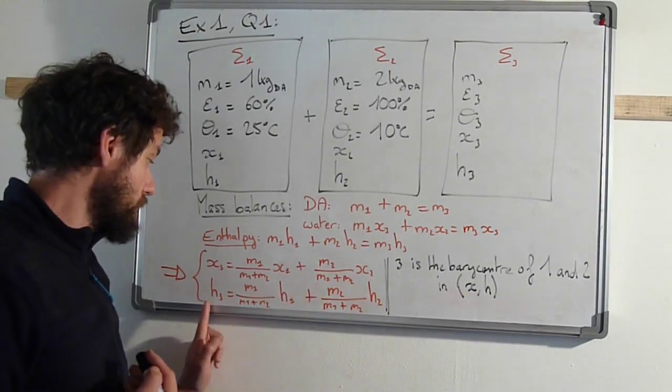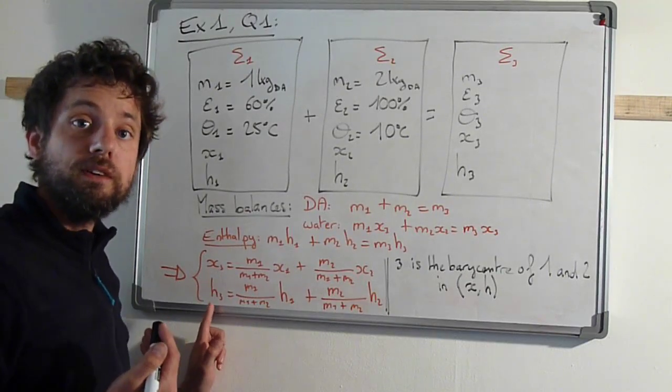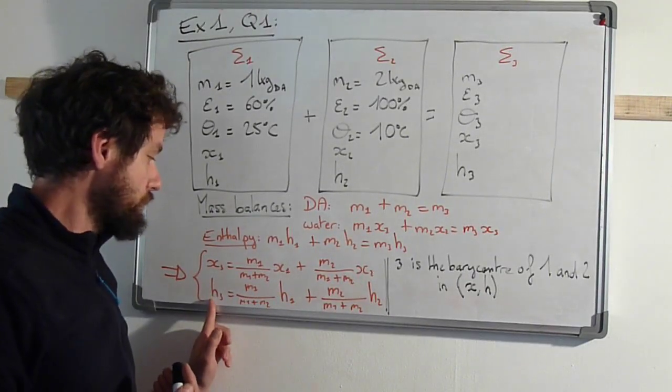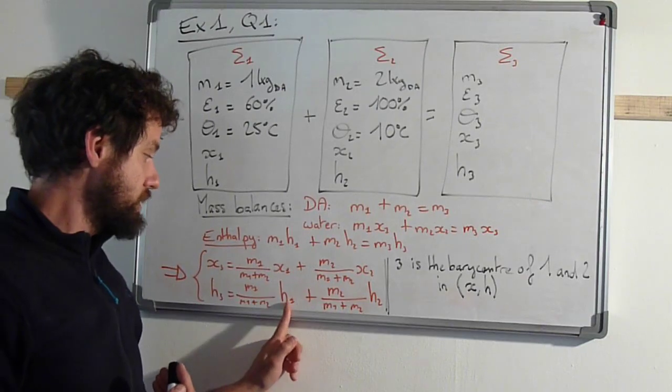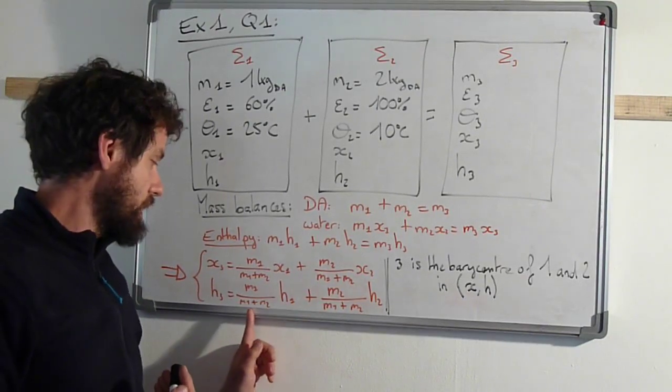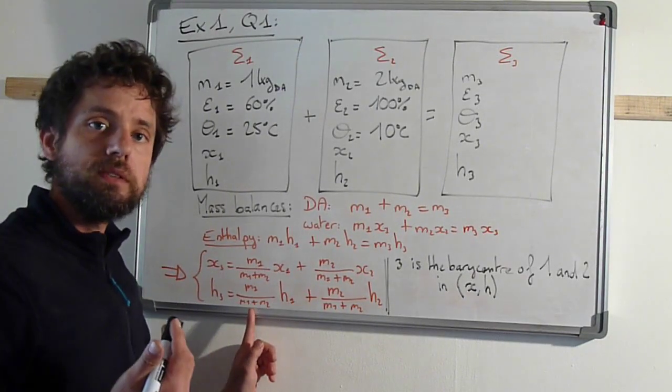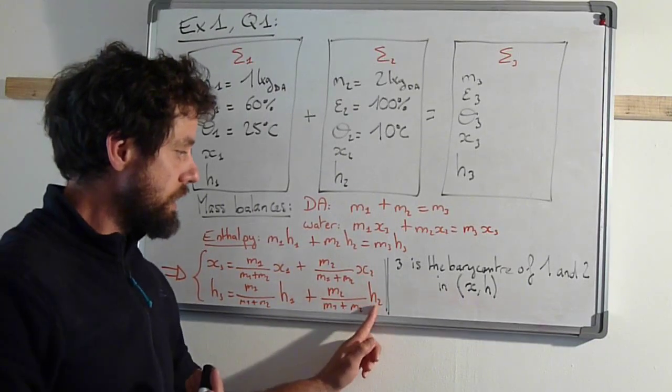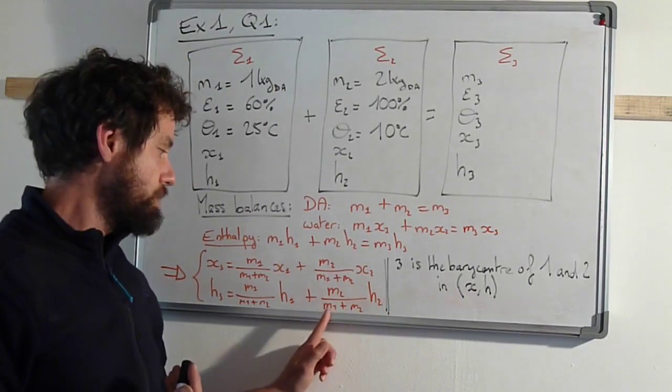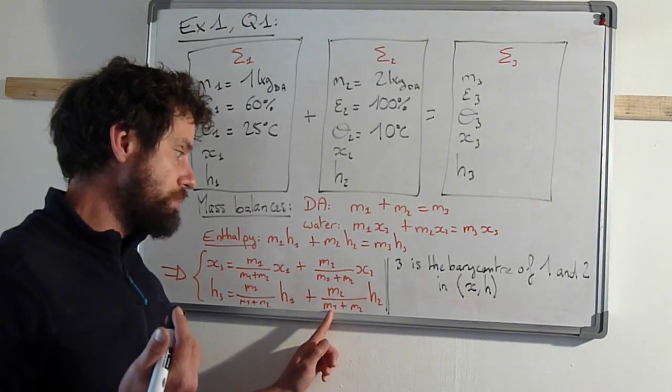And similarly, we can write the same for the specific enthalpy. H3 is equal to H1 weighted by M1 over M1 plus M2, plus H2 weighted by M2 over M1 plus M2.